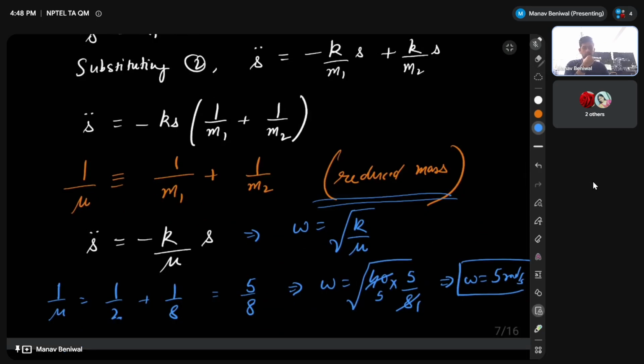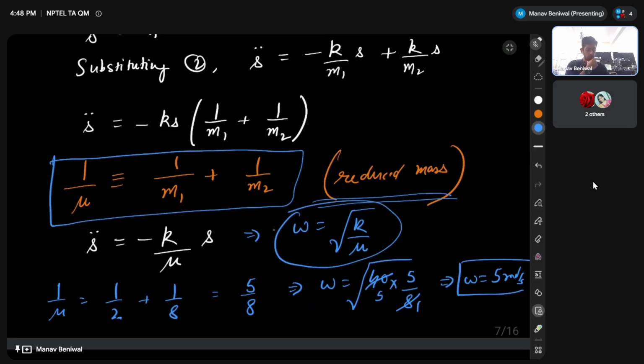Okay, so it is behaving like a single mass which has this reduced mass given by this equation, and then everything else remains the same. So for omega we put in this value of mu, which has contributions from both m1 and m2, and this dictates the oscillation. Okay, that's it.